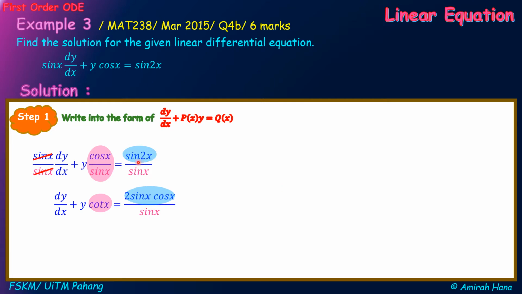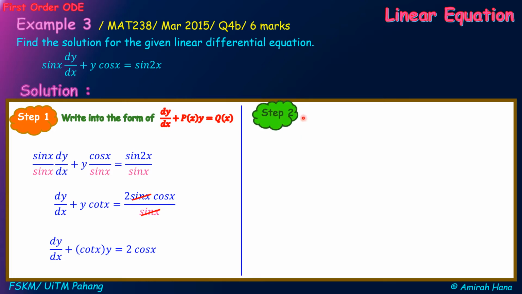We write it this way because we can simplify sin x in the numerator and sin x in the denominator. After we simplify, we get dy over dx plus cot x times y equals 2 cos x.